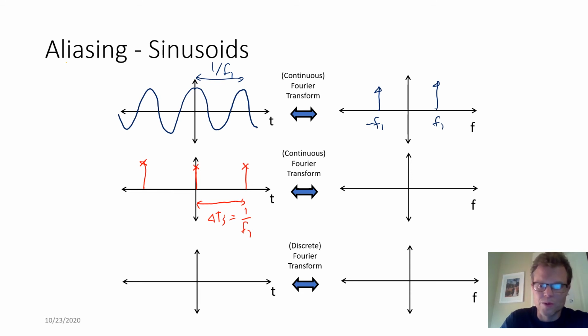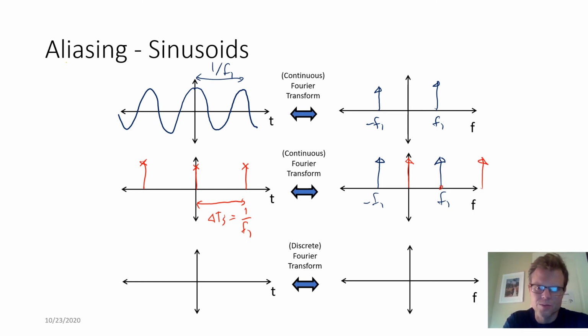So what are we going to see if we look at the continuous Fourier transform interpretation? We'll get a replica of our original spectrum, but then we'll get these copies centered around f1, so we'll get one copy from this repetition.